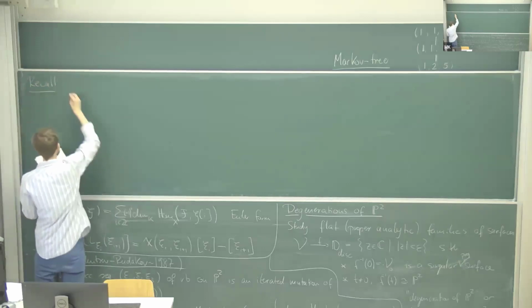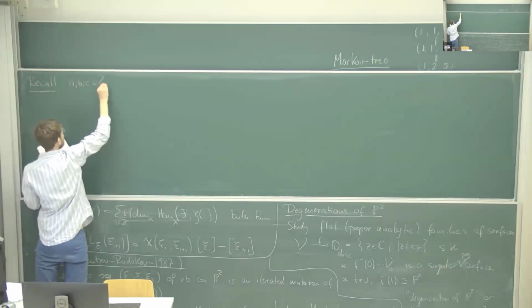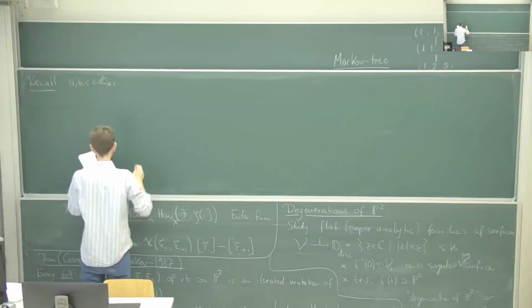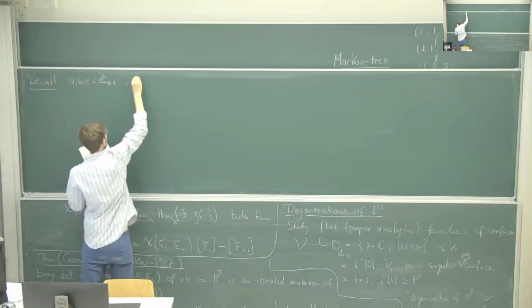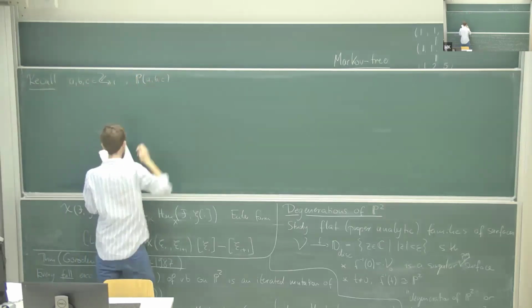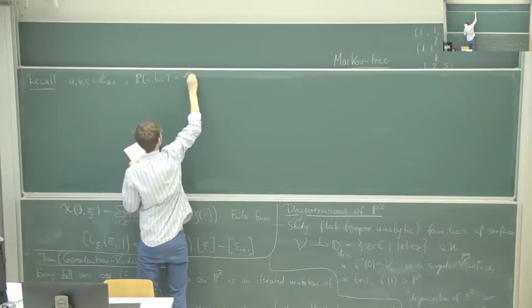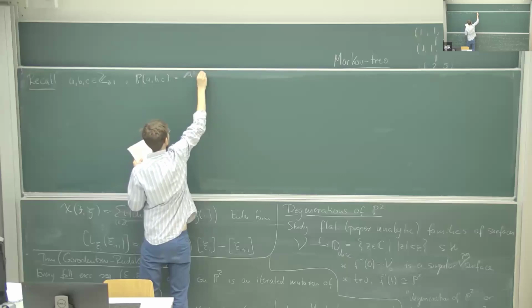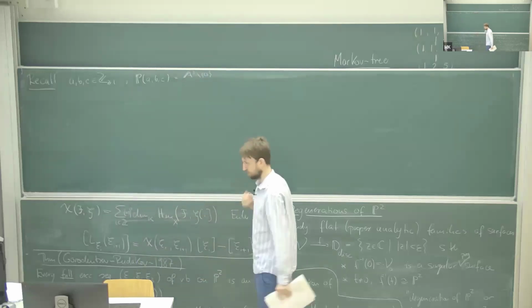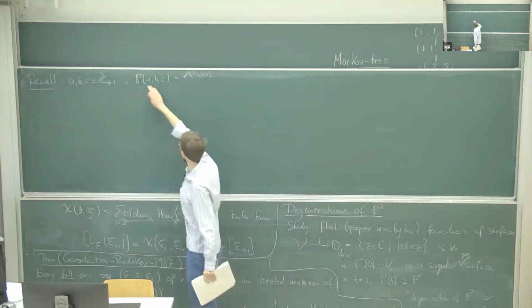Recall, if we have positive integers a, b, c, then the weighted projective plane P(a,b,c) is defined, basically in the same way as we would define the projective plane P2. That's the case when all these weights are 1.